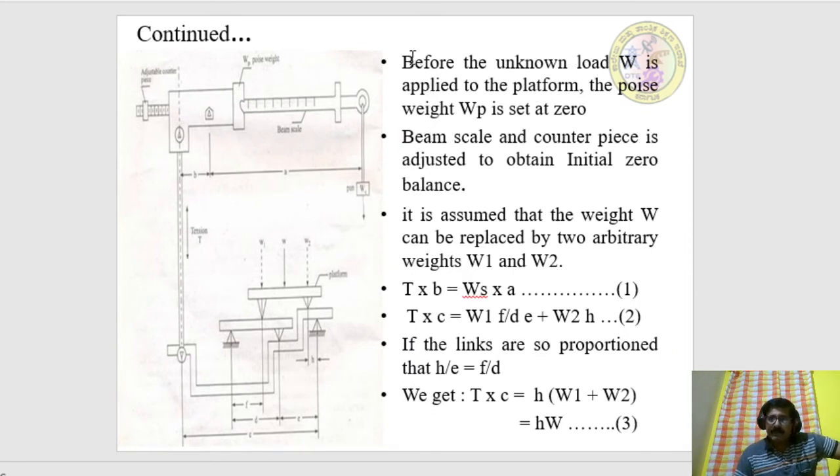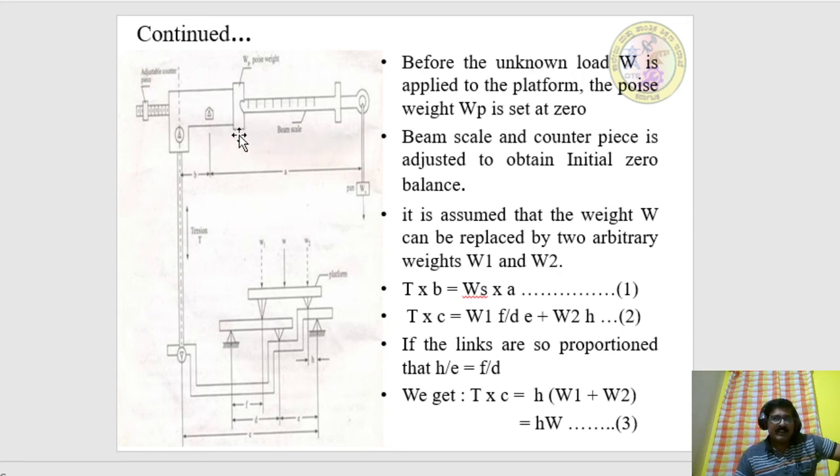Before the unknown load W is applied to the platform, the poise weight WP has to be set to 0. Now this is the beam scale, and the counterpoise is adjusted to obtain initial 0 balance.